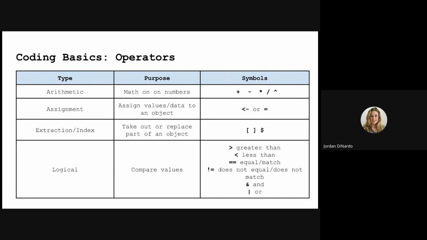Okay, and lastly, we have the logical operators. This is very helpful within, say, an if-else statement to ensure something is true or false. There's the greater than sign and the less than sign. If you're asking whether something is equal to some sort of value, you use double equals.